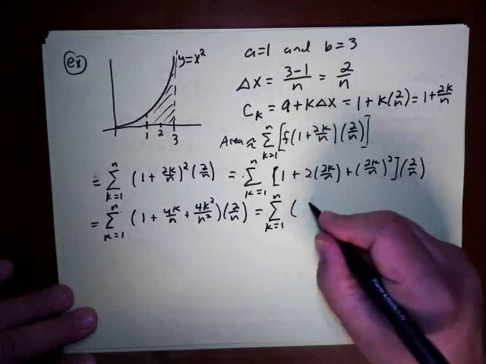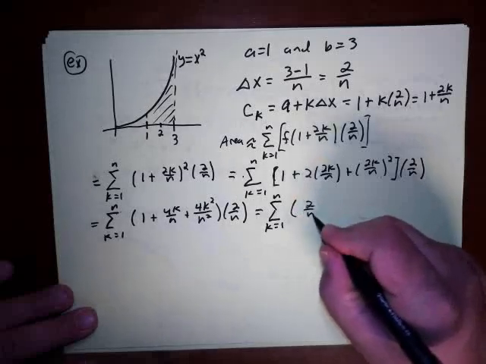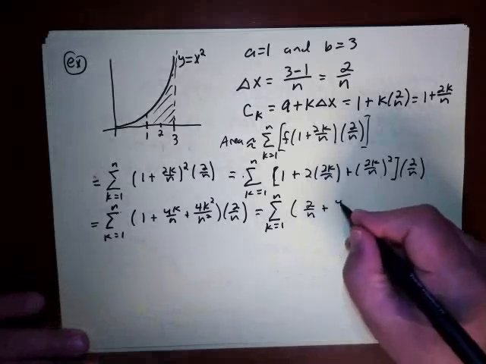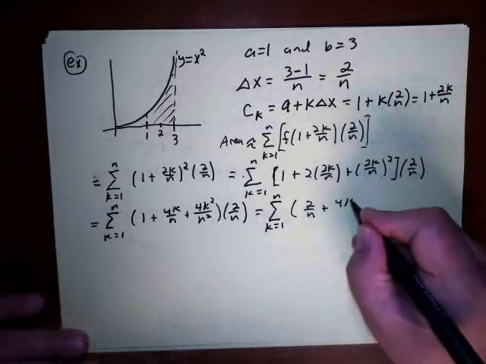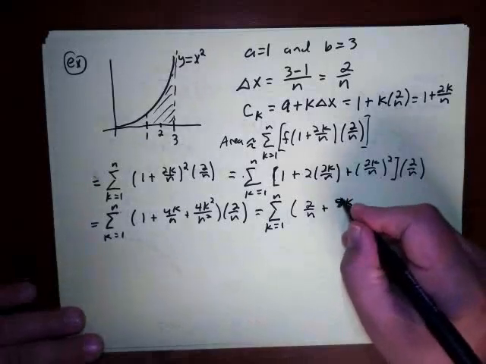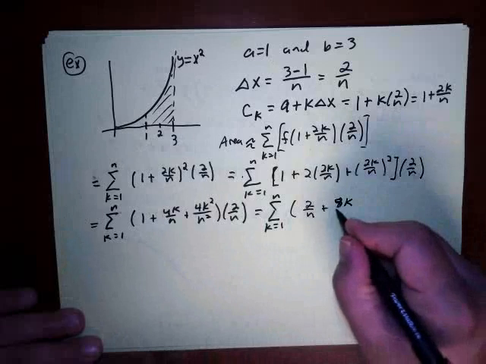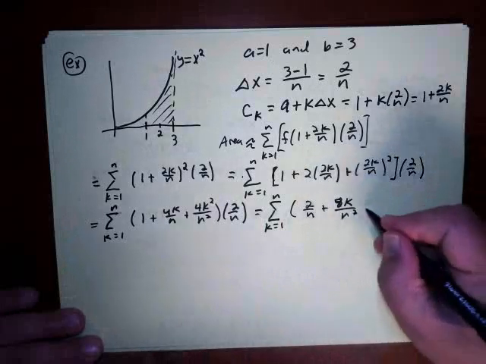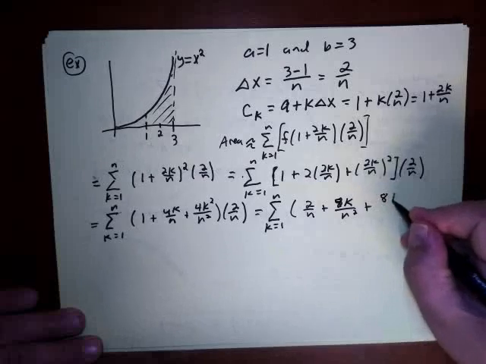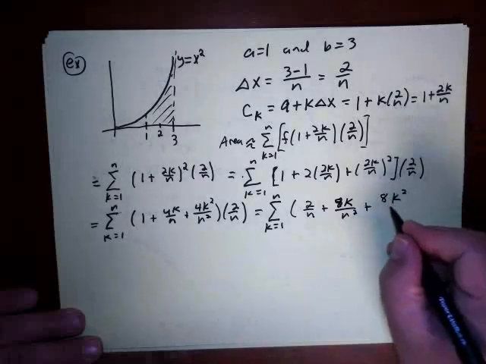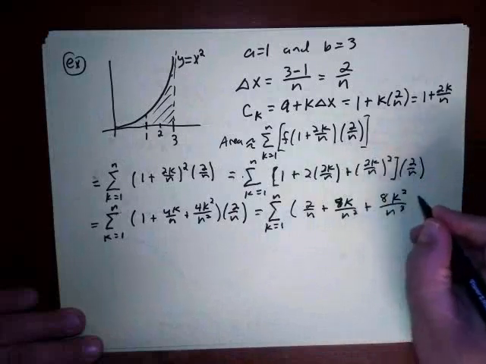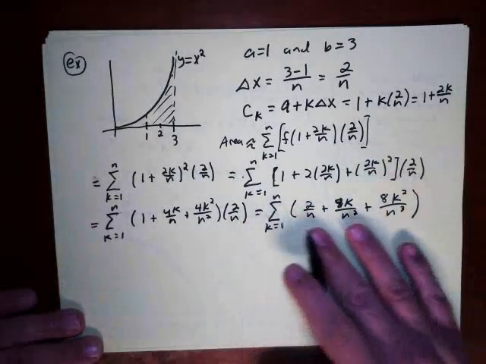So I'm going to have 2n plus, I'm sorry, 8k, because I'm distributing the 2n over n squared, plus 8k squared over n cubed. And so now I get all of this.